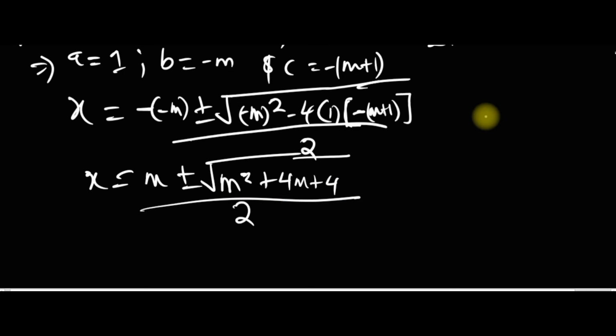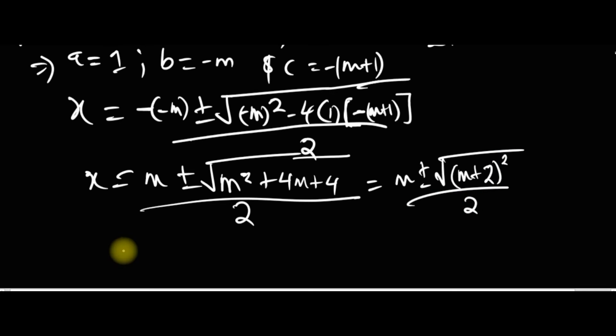Looking at this, you see that it is a perfect square. So we can write it as m plus 2 all squared. Yes, it's a perfect square. So we have m plus or minus m plus 2, because the square root cancels the square, over 2.